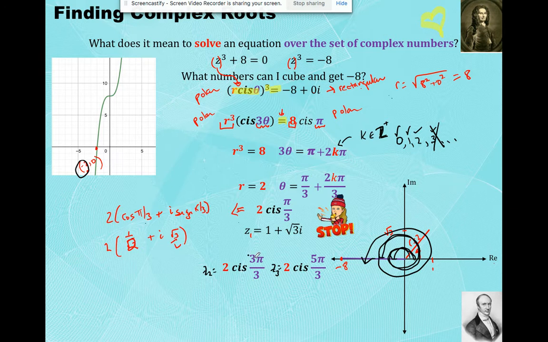Oh, snap. What is 2 cis pi? Sine of pi is 0, thanks speed trig. Cosine of pi is -1, thanks speed trig. -2.